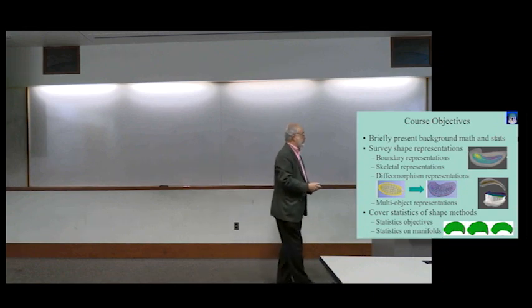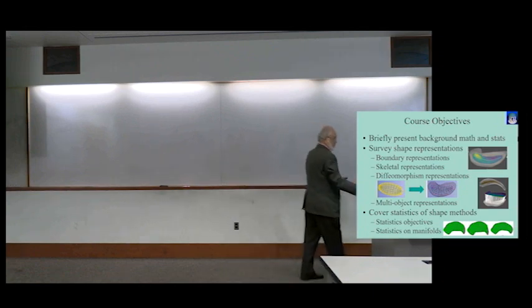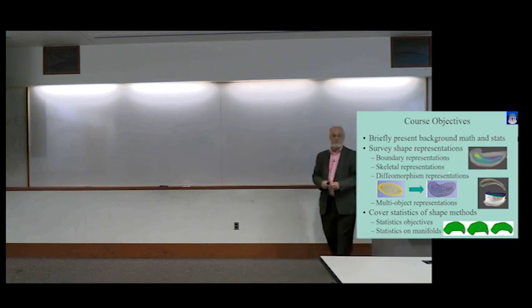And so you can see here the boundary of that hippocampus in gray and a skeleton inside it that is part of a representation via skeletons. We're going to be talking about representations via diffeomorphisms.